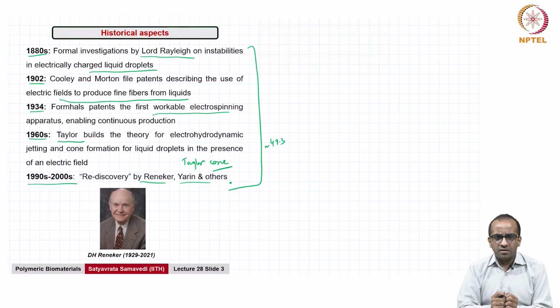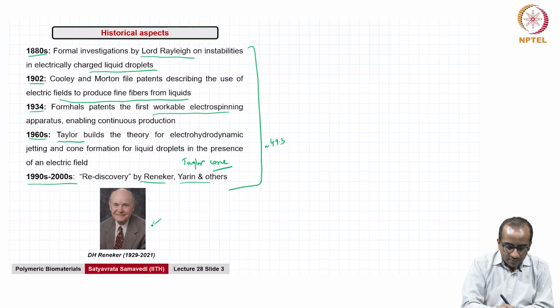You will find thousands and thousands of research articles on electrospinning, right from fundamental aspects of the processing itself, all the way up to the use of the resulting nanofibrous membranes for various applications, including biomedical engineering.